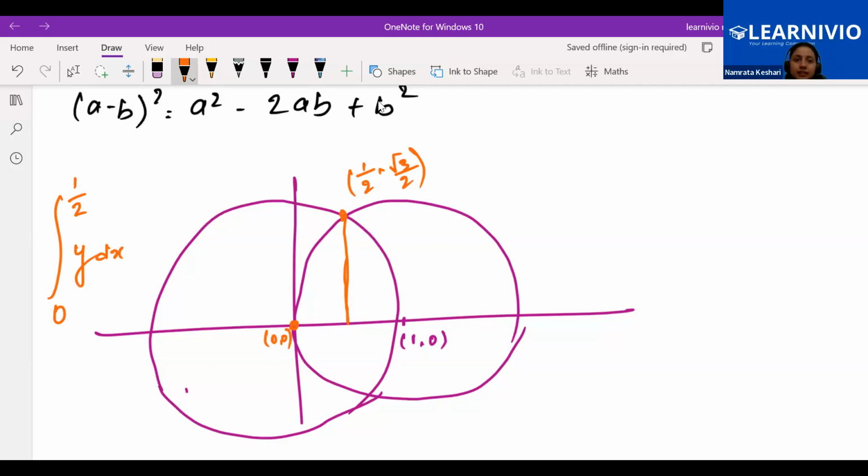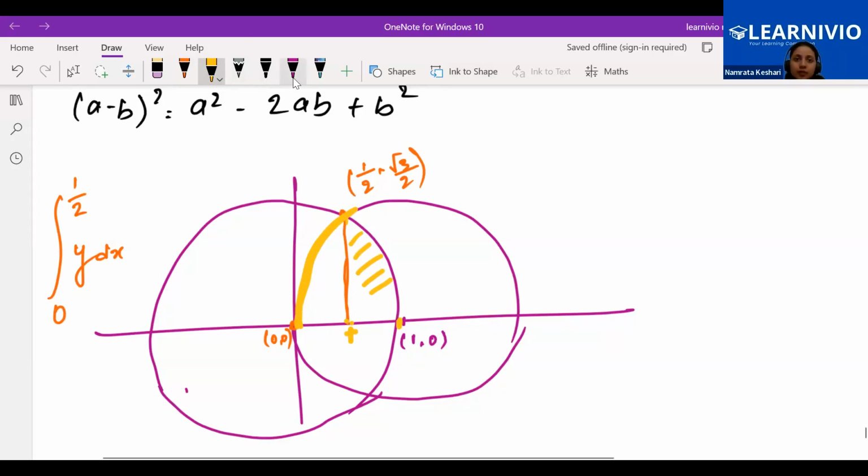What will be y? See carefully. We are talking about which circle? We are talking about this circle, Murtaza. Can you see? Yes, ma'am. This circle and the orange line. So we will find the area from here to here, plus the other area from the orange circle till here. Okay, so let's do that.